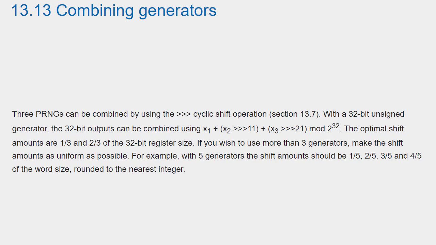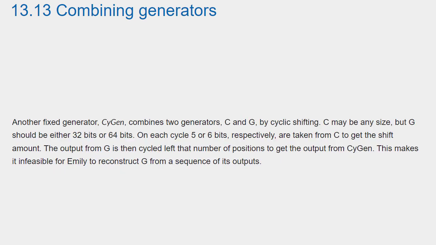For example, with 5 generators, the shift amounts should be 1/5, 2/5, 3/5 and 4/5 of the word size, rounded to the nearest integer. Another fixed generator, SciGen, combines 2 generators C and G by cyclic shifting. C may be any size, but G should be either 32 bits or 64 bits.